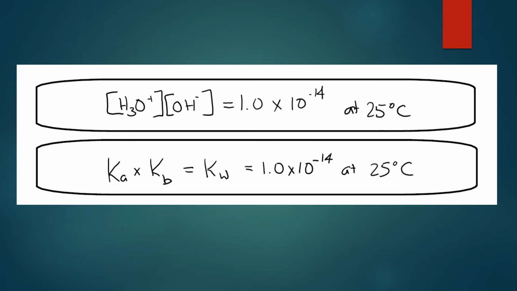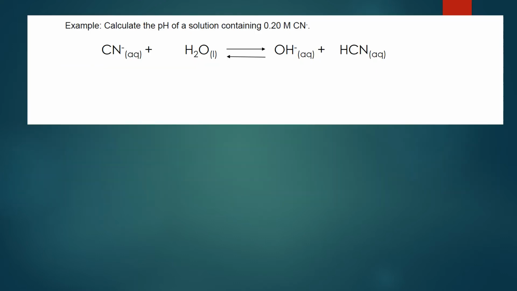So this allows us to take any of the values from that relative strengths of Bronsted-Lowry acids and bases table and calculate a Kb by using the Ka of its conjugate acid. So we'll do a couple of questions that involve calculations like that as well.